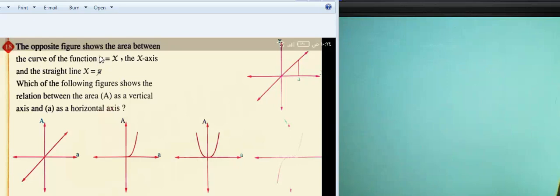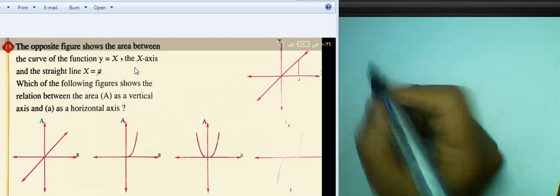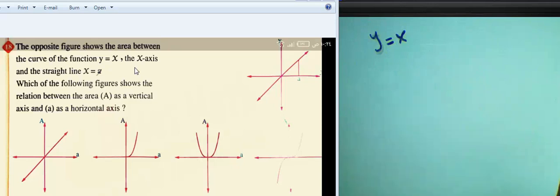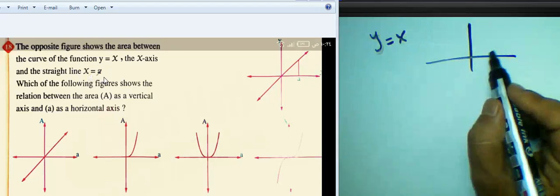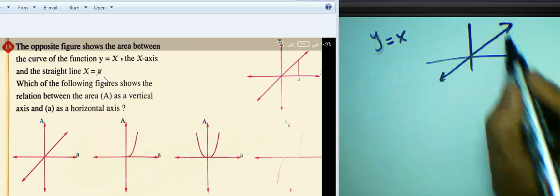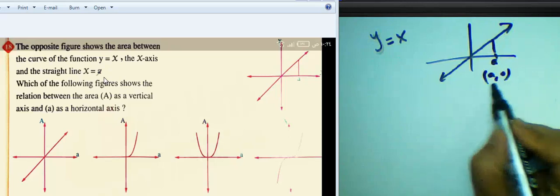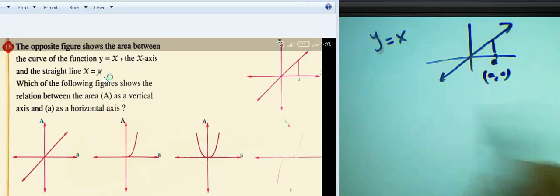Question 18. The opposite figure shows the area between the curve of the function y = x, the axis, and the straight line x = a. This straight line passes through the origin, and here is the point (a, 0).